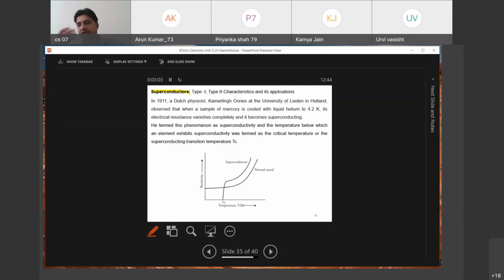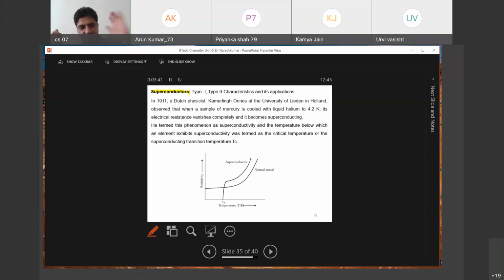I think all of you know metals are good conductors of electricity. But side by side, depending upon the nature of the metal, they have some kind of electrical resistance, which means they resist the flow of electric current. This is the feature of metals. Metals which have less electrical resistance are good conductors of electric current.